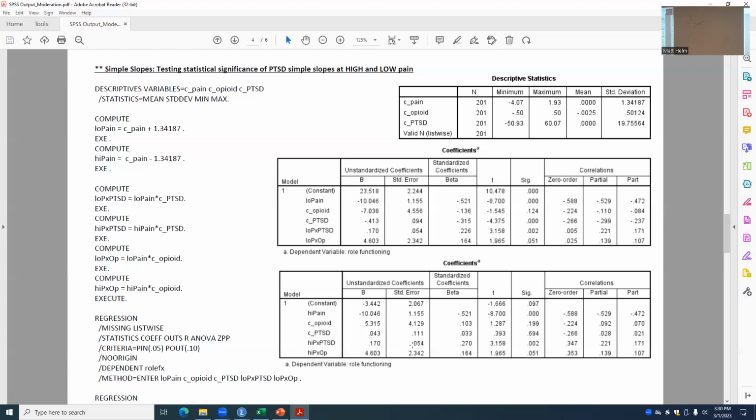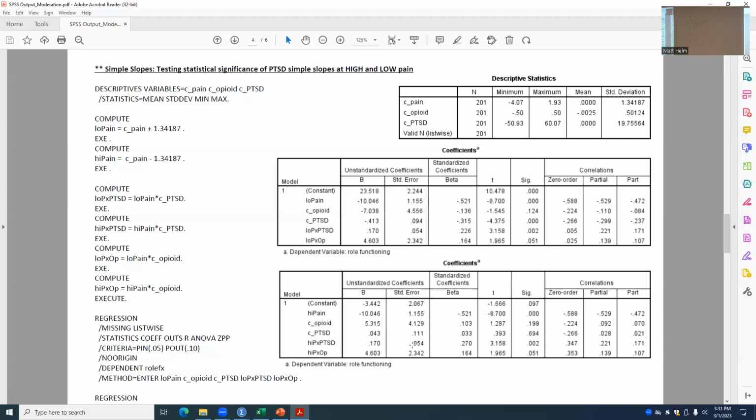So I just want to make sure I'm understanding. Because we have evidence of an effect when holding pain constant at the low level, but not when holding pain at a high level, tying all that together, the association of PTSD and role functioning is impacted by the varying levels of our moderator, pain.